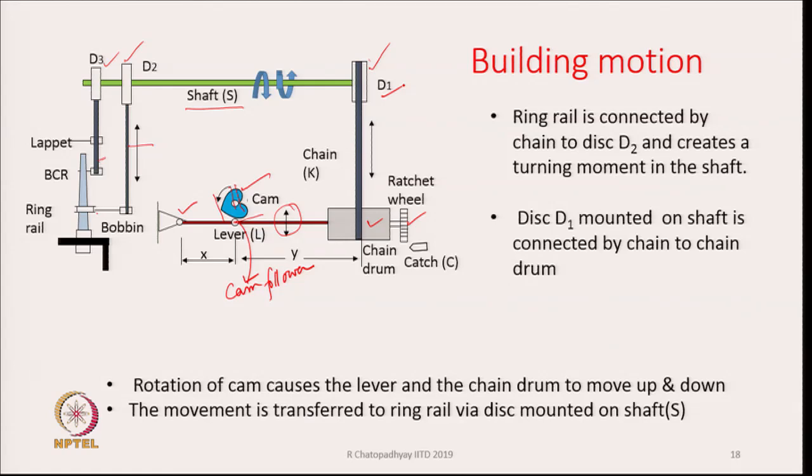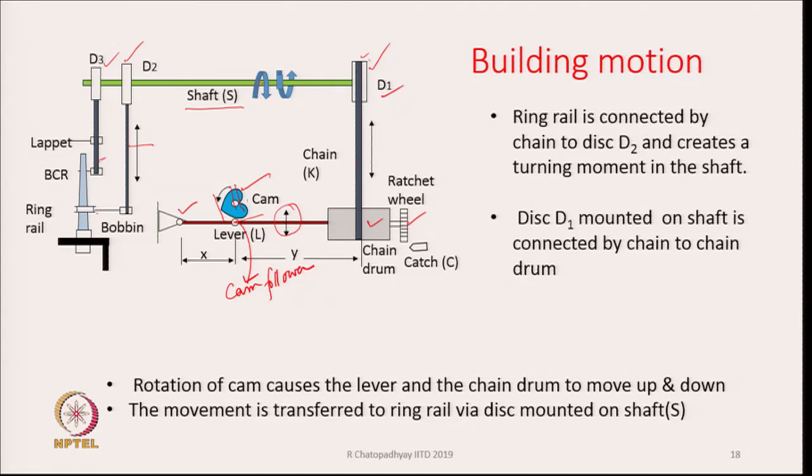So, the cam rotation is transmitted through the lever and chain K to the drum D1, and the drum D1 responds by rotating clockwise and anti-clockwise.